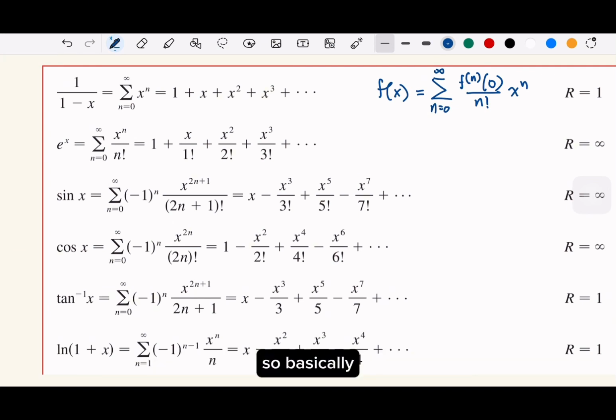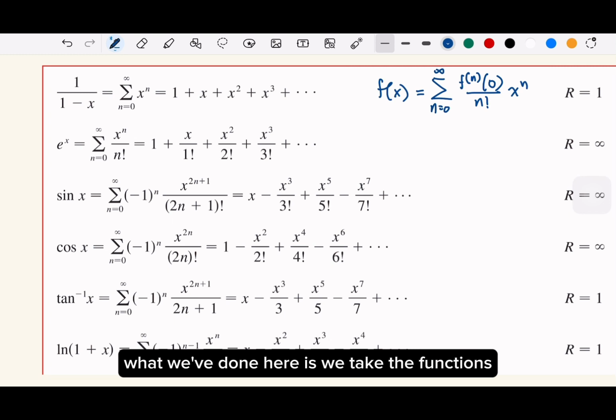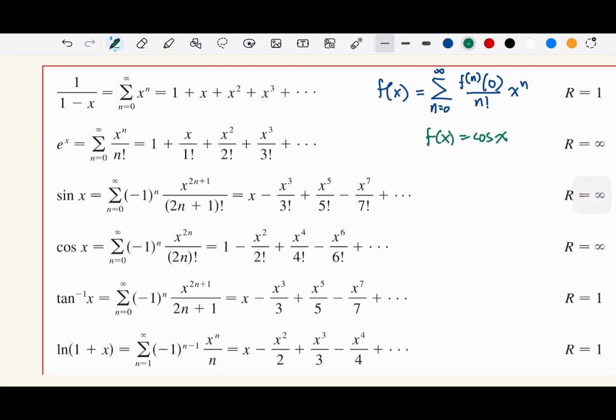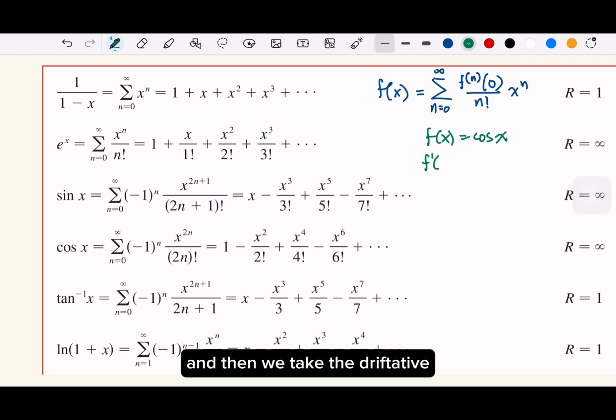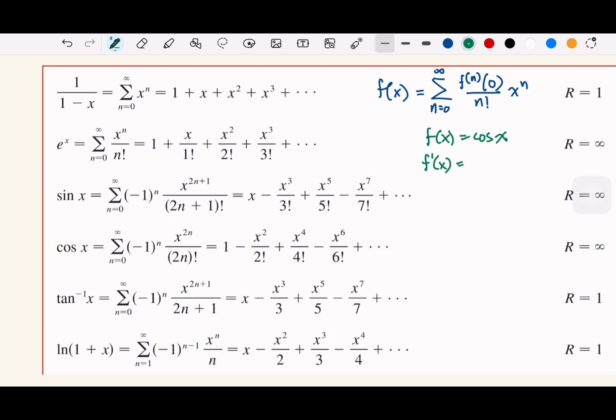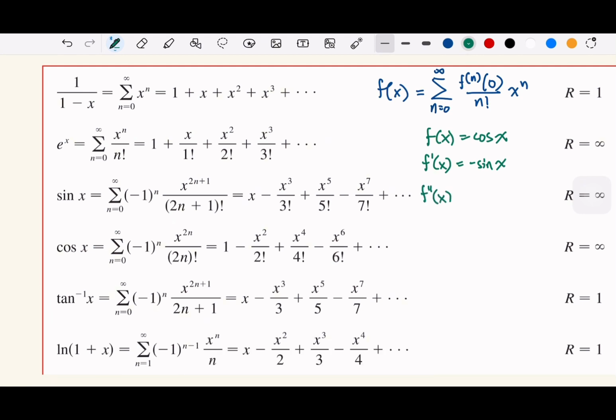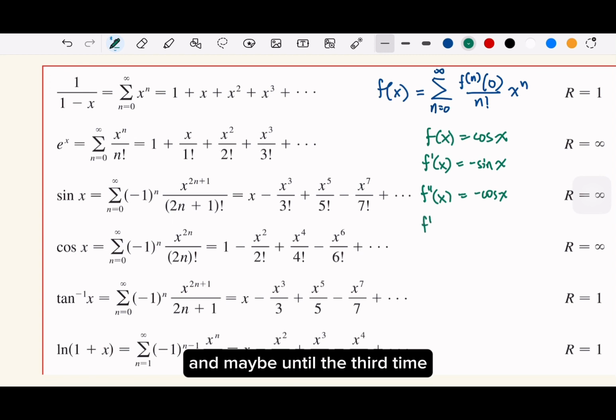So basically what we've done here is we take the functions, for example, the cosine function, and then we take the derivative, and then take the derivative again, and maybe until the third time.